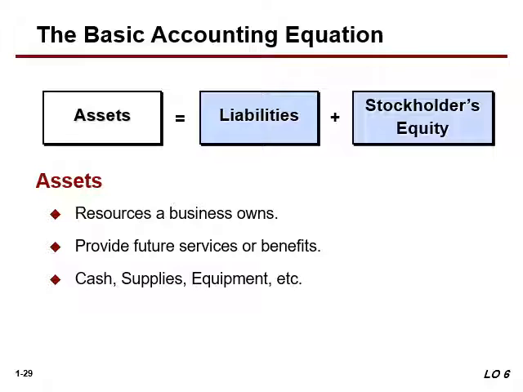Assets, as we already mentioned in our lectures, are resources a business owns. Assets provide future services or benefits. Some examples of assets are cash, supplies, equipment, accounts receivable, and a number of other assets in the organization.